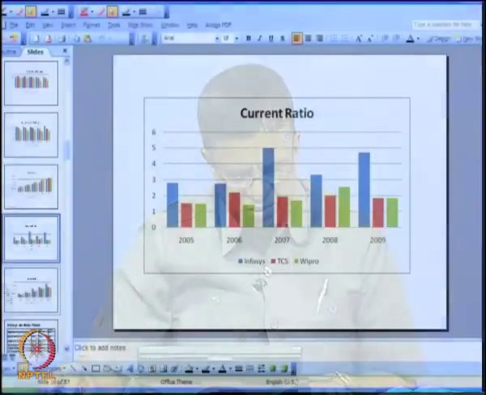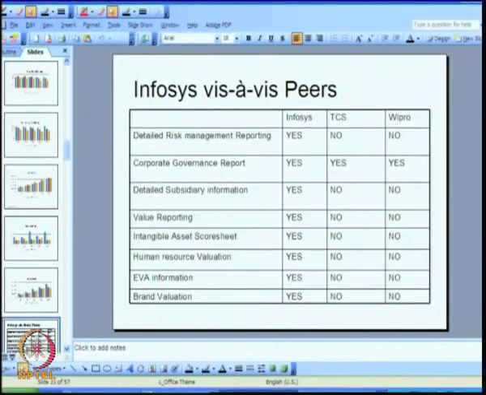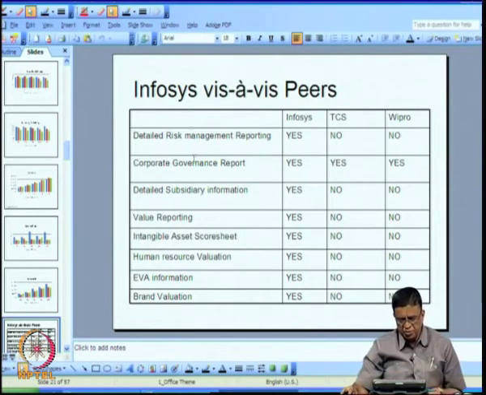Now, the next one which is brought out is Infosys vis-a-vis the peers. So, again it tells you about detailed risk management reporting. Infosys tells what is the risk that is involved with respect to the different investments. TCS does not give you full details, similarly Wipro does not. Corporate governance report, all the companies give you.